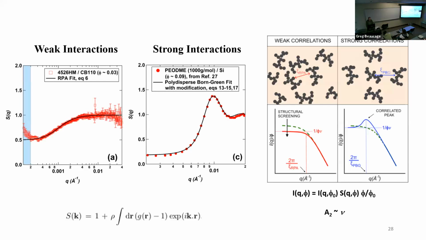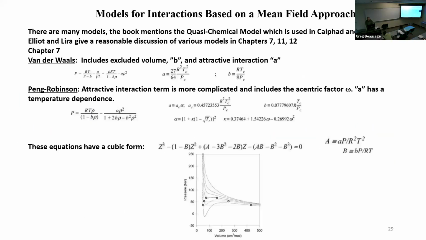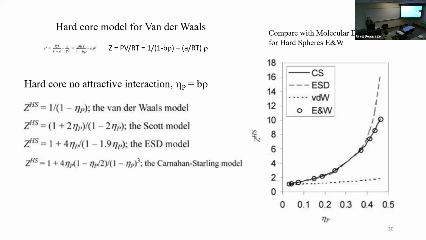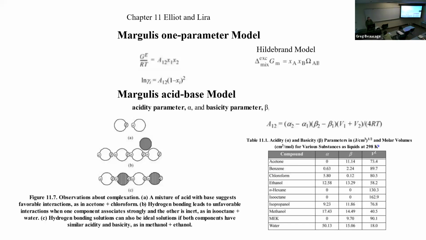Then the rest of this is just a lot of different modifications to the van der Waals, the Hildebrand approach. People parameterize the interaction parameter in terms of chemical features, so you can talk about an acid-base model for the interaction parameter for the Hildebrand model, and you can just calculate it from numbers that are tabulated.